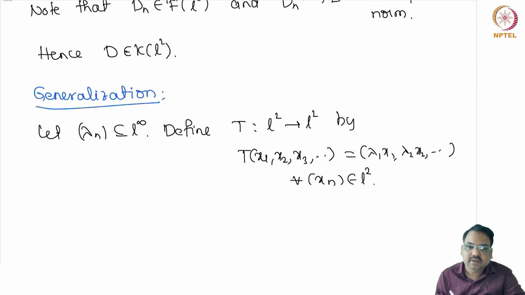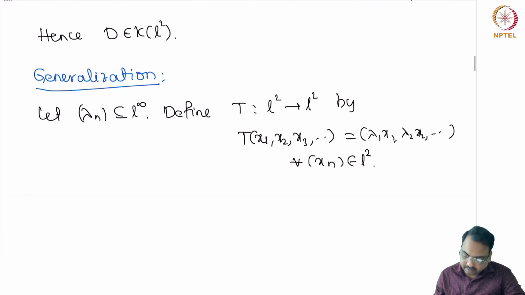This is a diagonal operator with diagonal entries lambda1, lambda2, lambda3, and so on. The matrix of T is a diagonal matrix with entries lambda1, lambda2, lambda3, and so on.